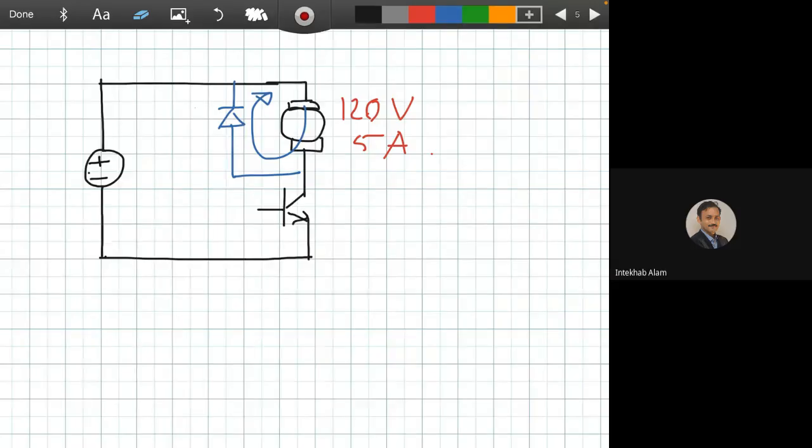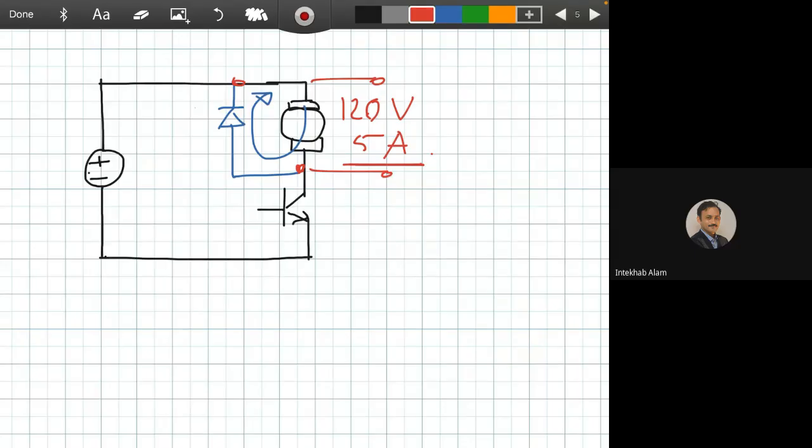Because if we just use a simple diode in here, it will be a short path. When the switch is off, this will become a short path. So we need to limit that current. Across this is 120 volts or more.